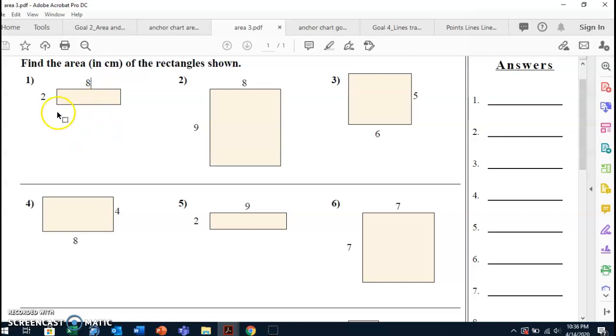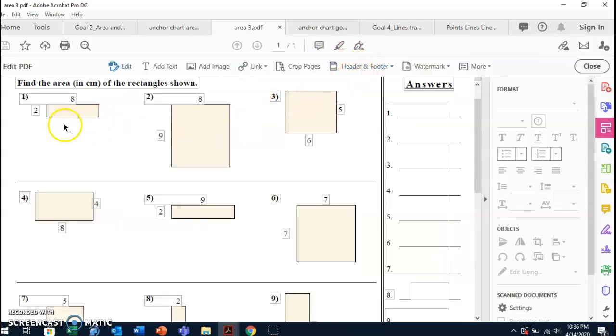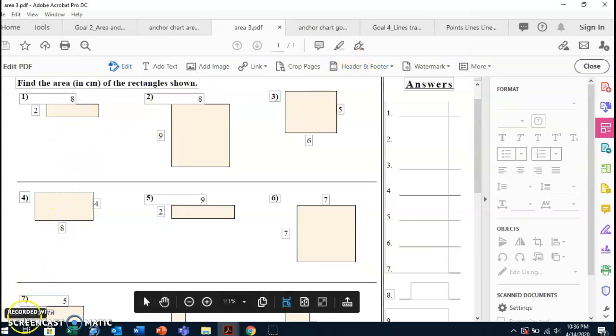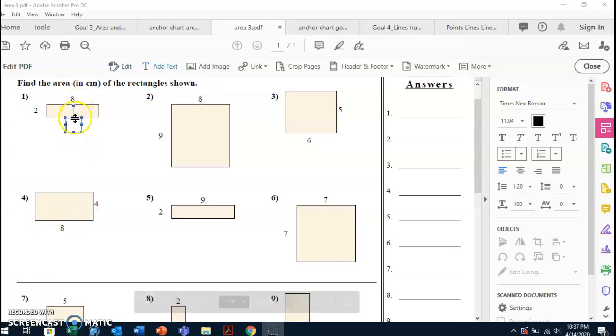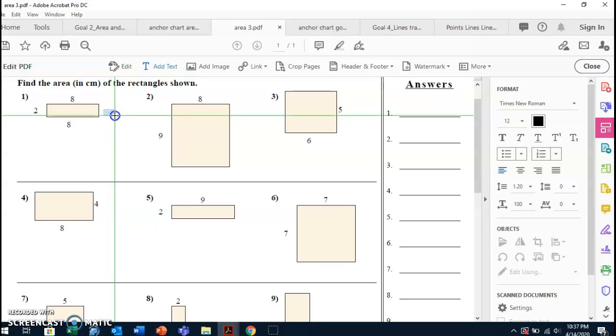Another 8. So if you have an 8 right here, you would have another 8 right here. And then the same thing for this side. You would have a 2.